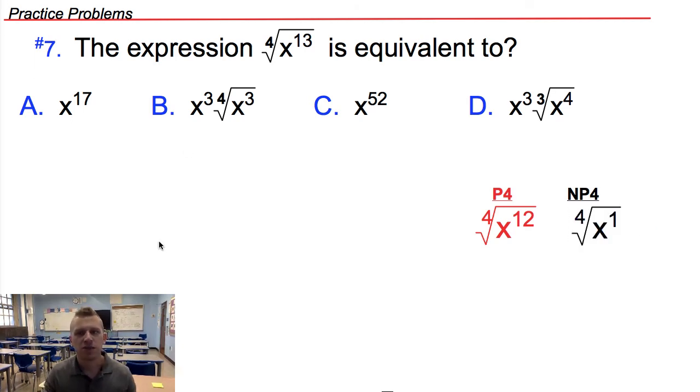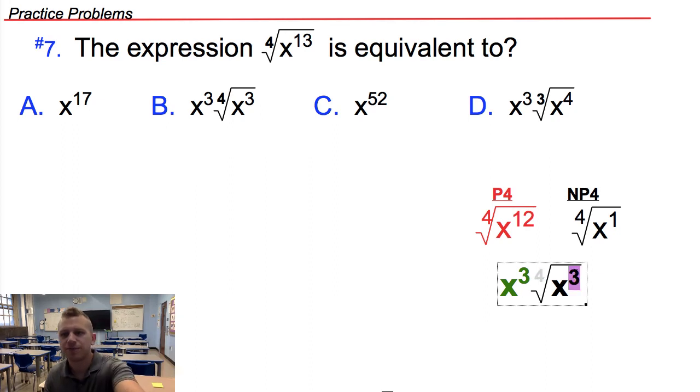And then I just want to simplify that there. Here I am going to divide 12 by the index of 4. I will get x to the 3rd. And here I'm going to get just x, or x to the first, which isn't an answer choice. So if you solved this one and you didn't see a possible answer choice, that's a mistake on my part. My bad. Let's go on to the last and final problem.